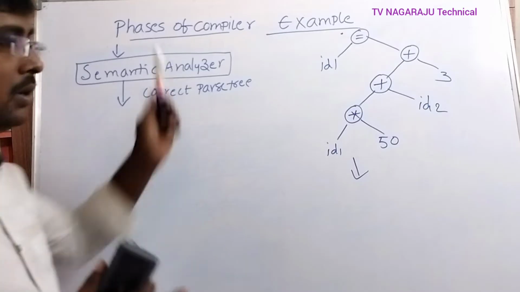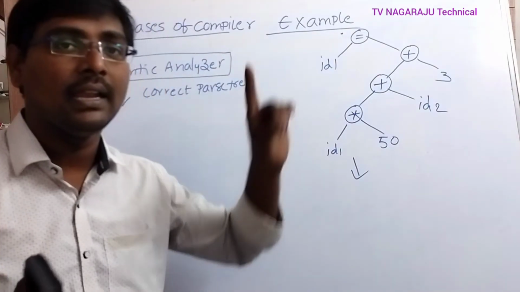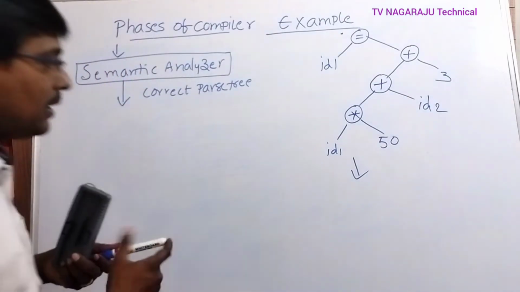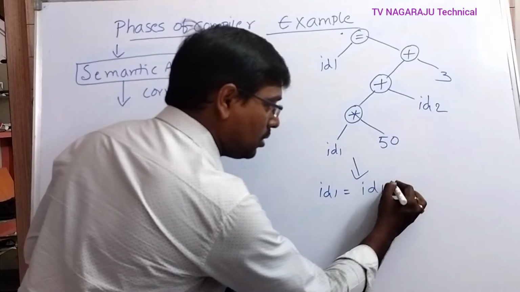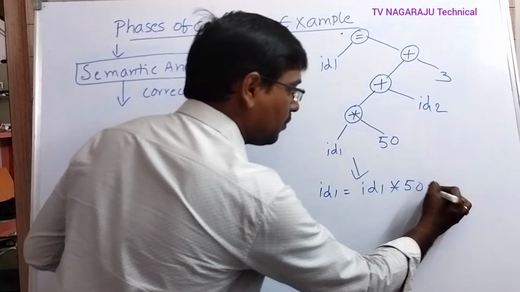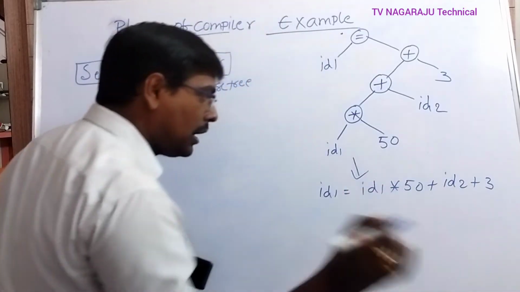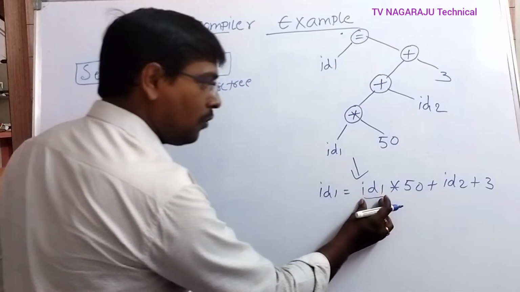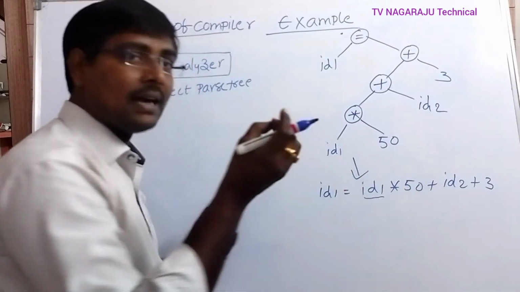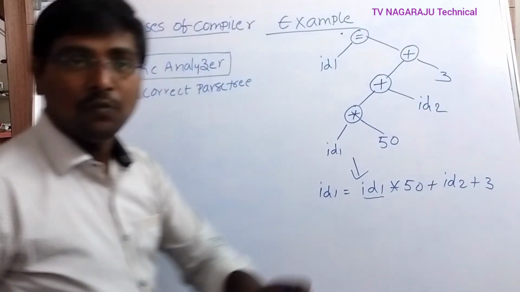For example, see the source program. In this, i and j are declared as integer variables. For example, our expression is like this: id1 = id1 * 50 + id2 + 3. Assume if this is a floating value, float into an integer, the answer is float. Float plus integer, the answer is float.